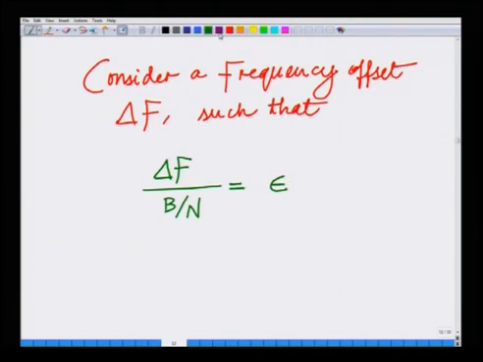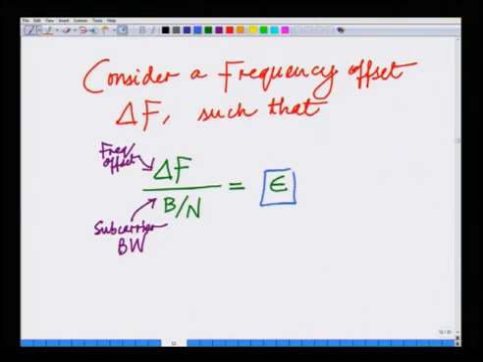That is, this is the frequency offset, and this is the subcarrier bandwidth. Hence, epsilon is the fraction of the frequency offset with respect to the subcarrier bandwidth. Delta f by B over N is the frequency offset as a fraction of the subcarrier bandwidth.